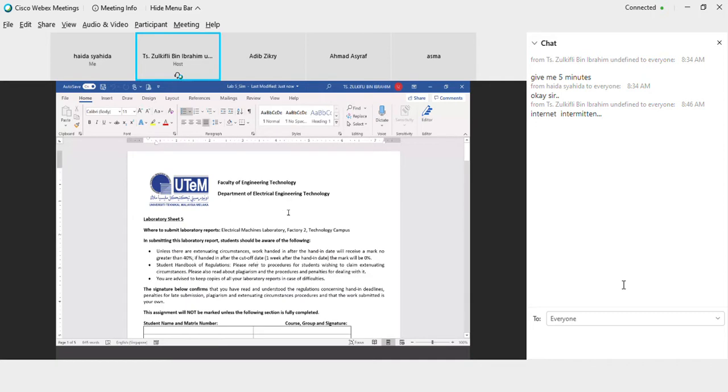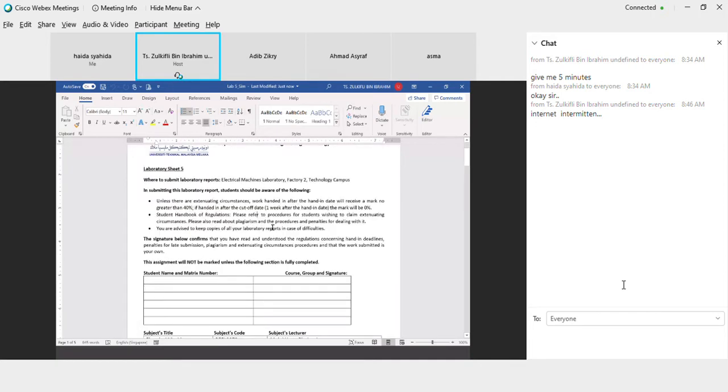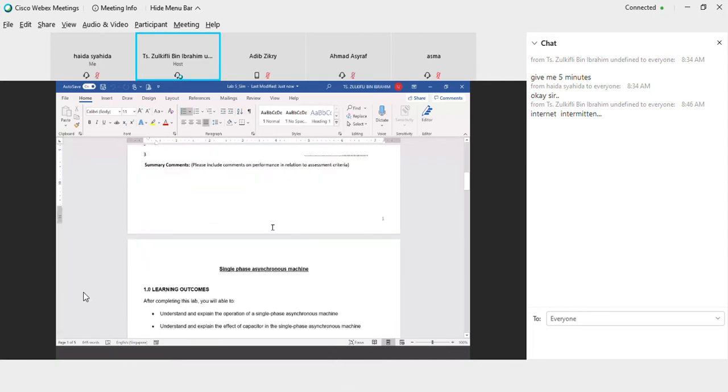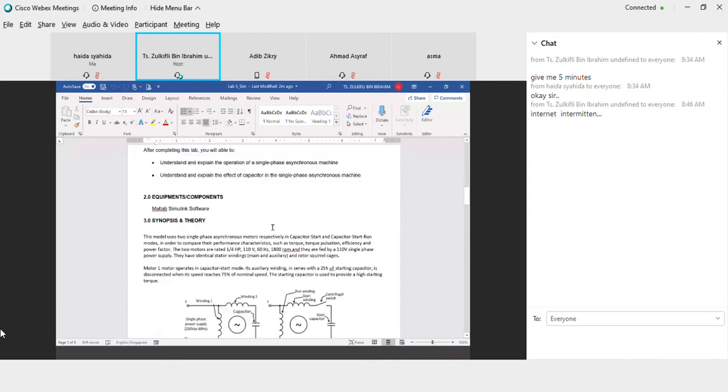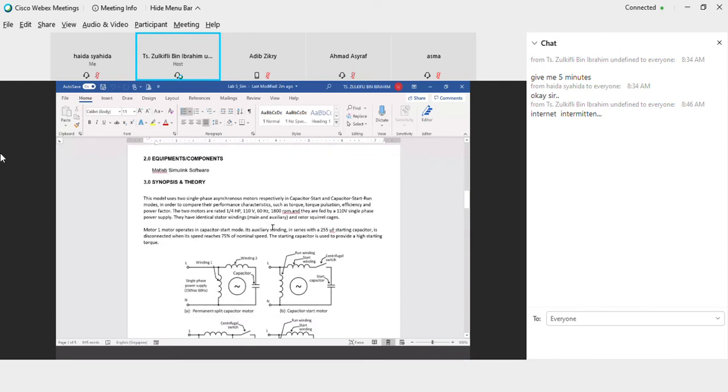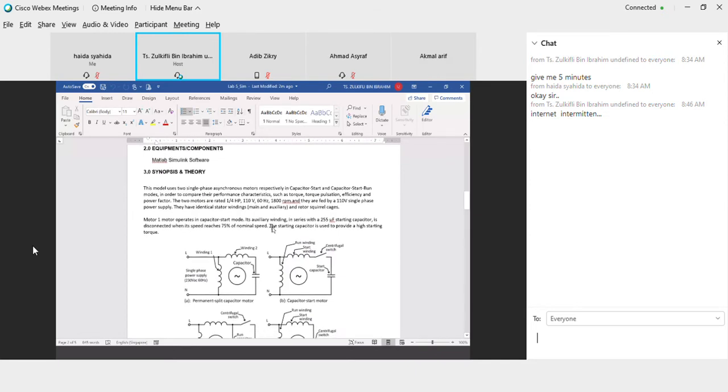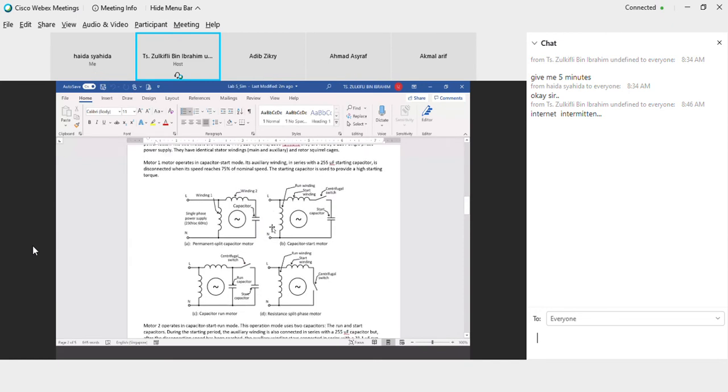Okay, so for this lab kita akan buat single phase asynchronous machine, juga dikenali sebagai single phase induction machine. So this one kita masih lagi menggunakan the Simulink of the MATLAB, and so this topic adalah our last untuk single phase induction machine.